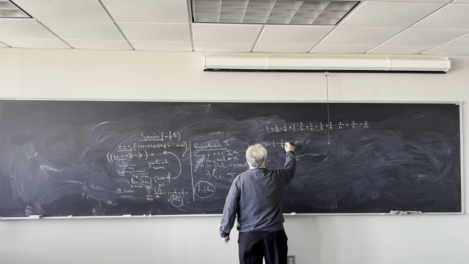So notice, I put this in here, and then this in here, and then this in there. So notice now negative 1/4, instead of being the 4th, is now the 3rd. And now we continue with this guy, 1/3.